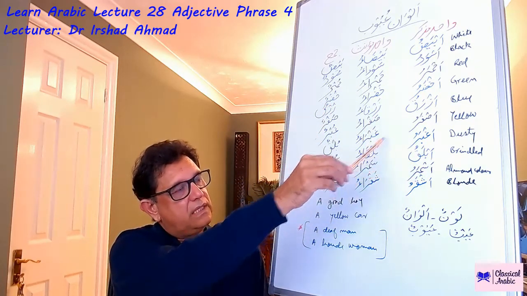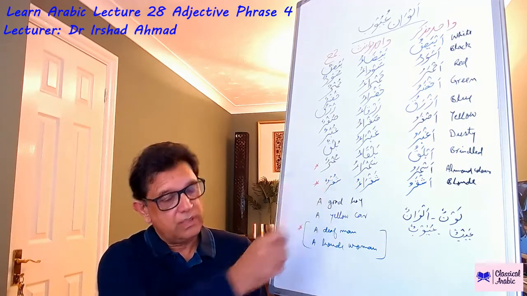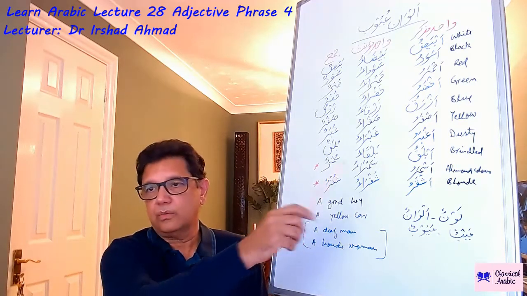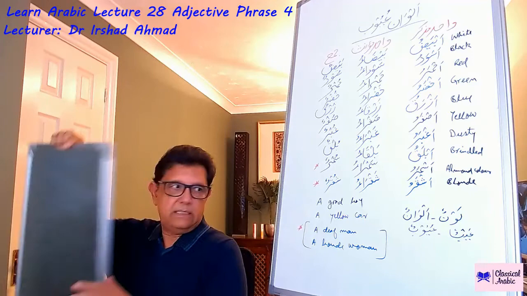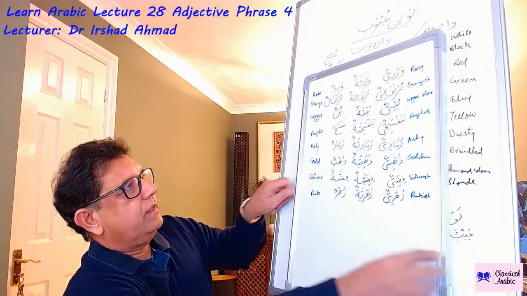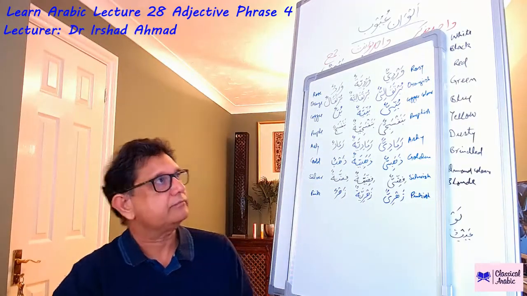These are the names of certain colors, and they follow a unique pattern, and we are going to go through these in a sec. But before that, let's have a look at this chart. That's another chart, and this is a different group of colors in Arabic.